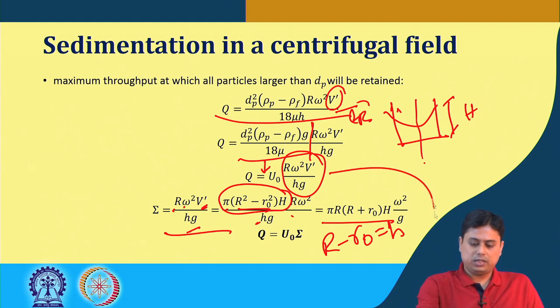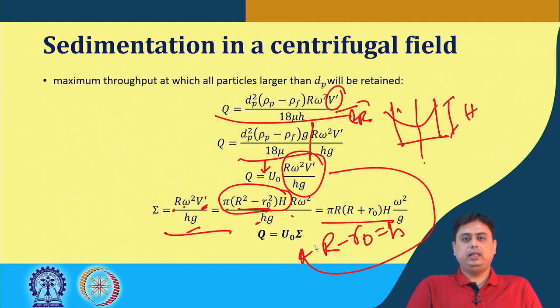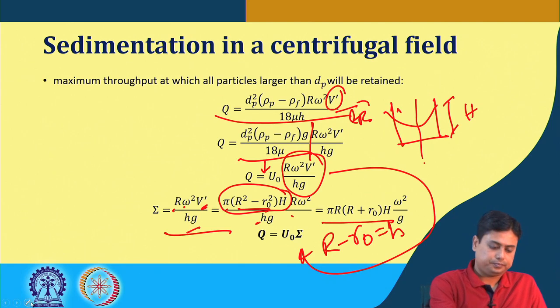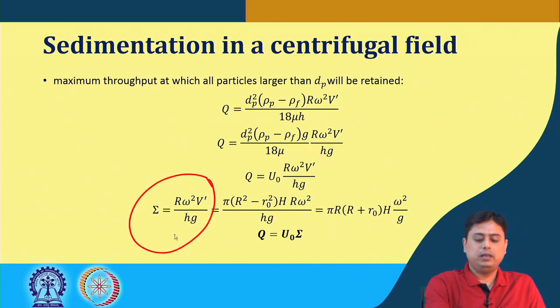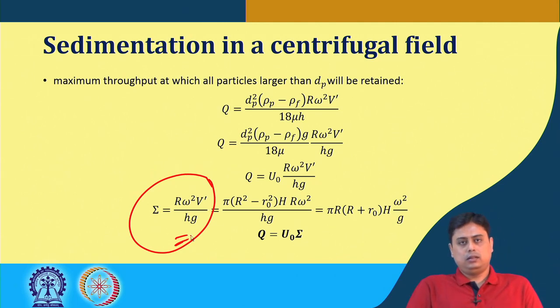So, from this expression we can also write that Q is basically the particle terminal velocity multiplied by the capacity factor of the centrifuge. Now, if we look at this expression of the centrifuge capacity factor, we see this actually depends on the centrifuge geometry and its rotational speed.